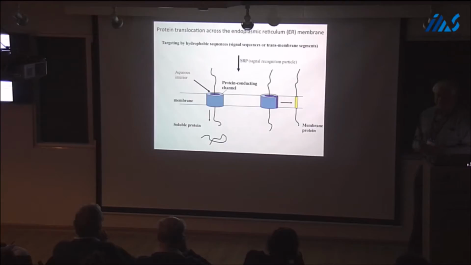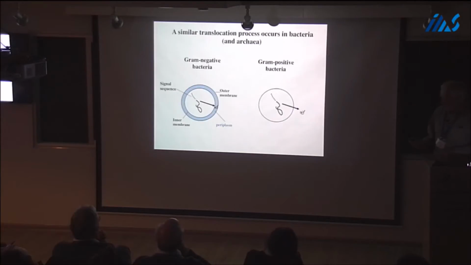This channel has a very unusual property that is not shared by channels that transport small molecules, which only open perpendicular to the plane of the membrane. This channel opens in both directions, across the membrane and also within the membrane. So it's a very unusual kind of channel.